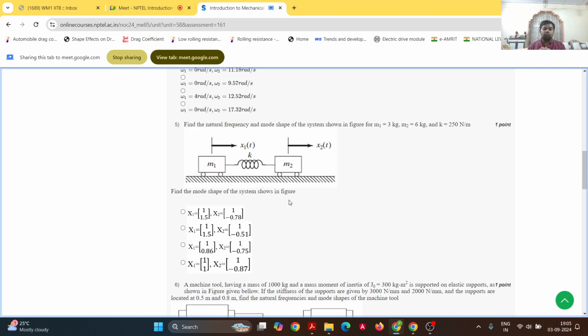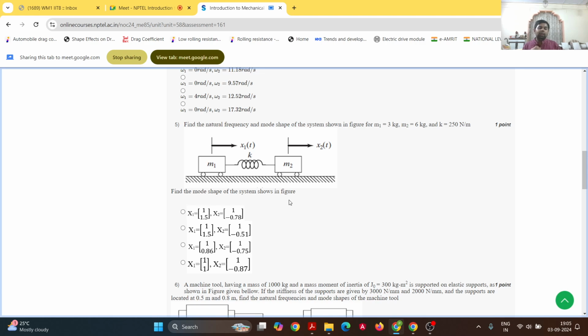For a 2-degree of freedom system, the natural frequencies are analogous to eigenvalues and mode shapes are analogous to eigenvectors. So you can write the mode shape using the concept of eigenvectors. Similarly, you can apply that concept and find the eigenvector or mode shape.